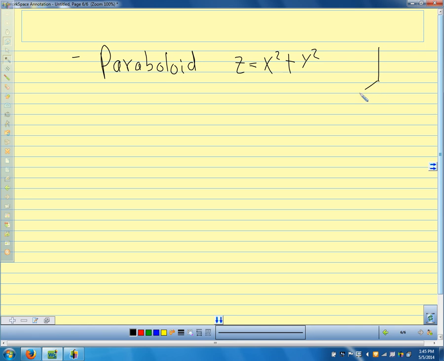And we end up with a surface that looks like this. So the sides are parabolas. And then if we go parallel to the xy plane, so z is a constant, we have x squared plus y squared equals a constant. So we get circles around here. They get bigger as we go up, as z gets bigger. So this is a paraboloid.